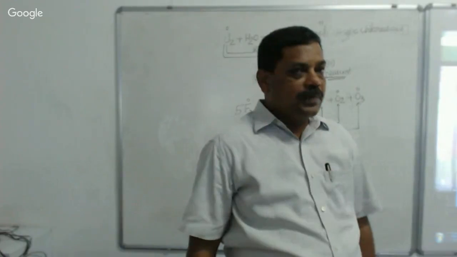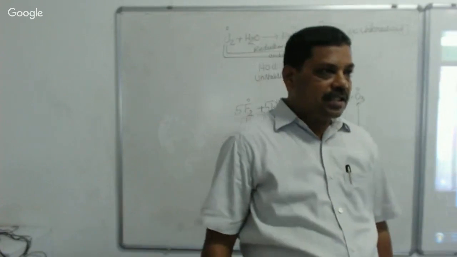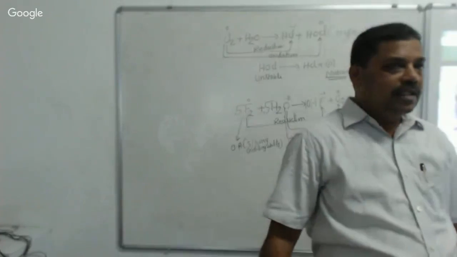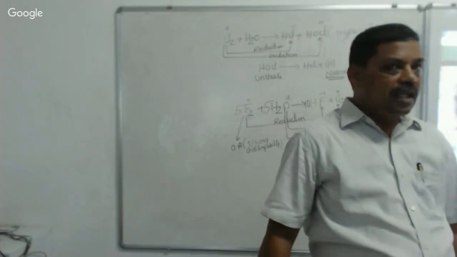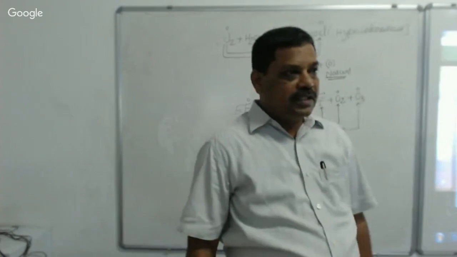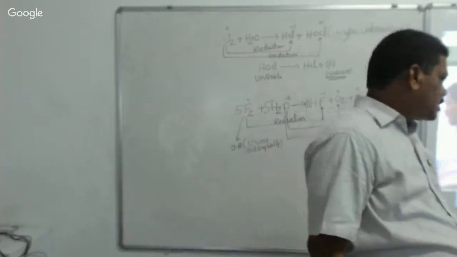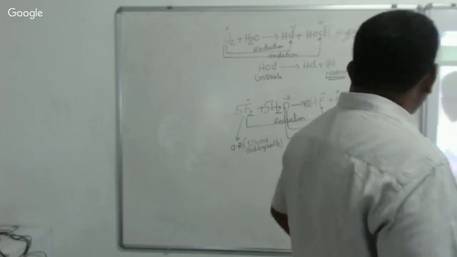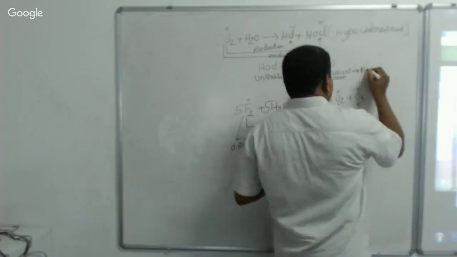When chlorine gas is passed into it, what are the two substances liberated? HCl and HOCl. HOCl further breaks into HCl plus nascent oxygen, and this nascent oxygen kills all the bacteria.